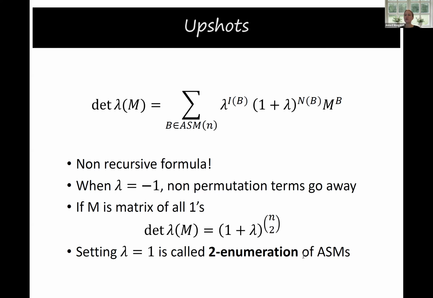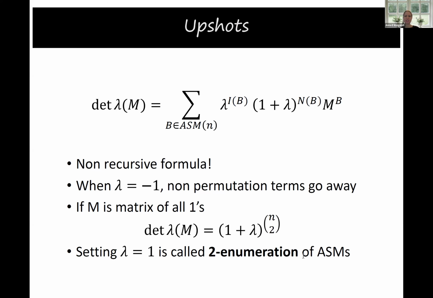In plain terms, you're summing over all ASMs, and the weight an ASM gets is 2 raised to the number of -1s in the matrix. Okay, so this was some of the original motivation for Robbins and Rumsey to be studying these matrices. They were the right matrices to help them understand lambda determinants.